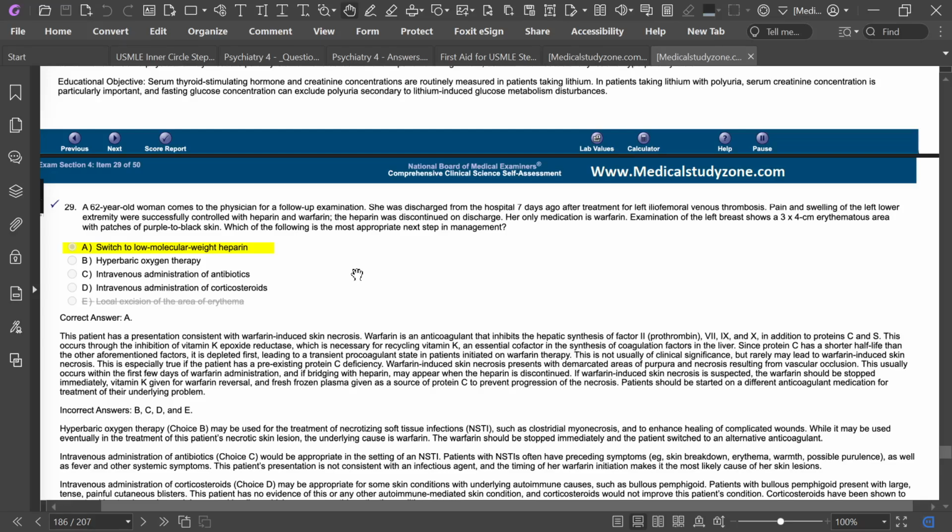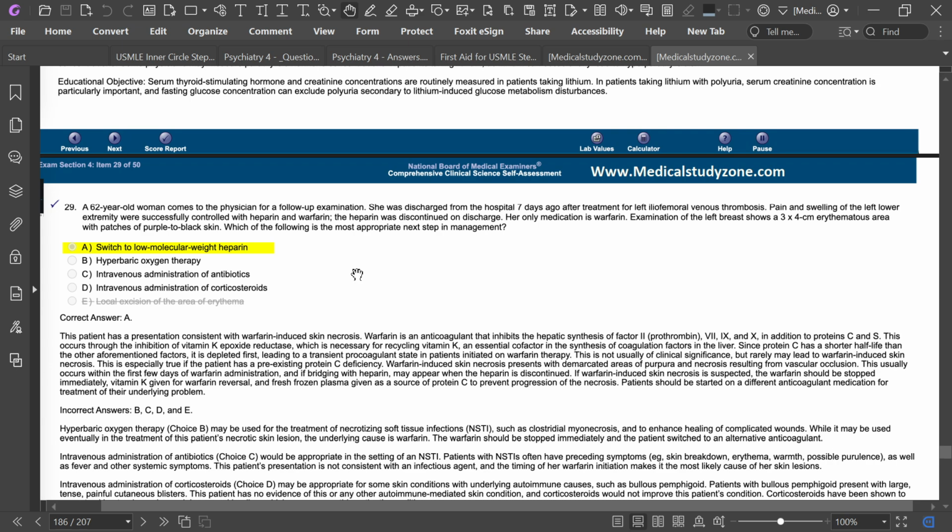Warfarin is an anticoagulant that inhibits the hepatic synthesis of factors 2, 7, 9, 10, in addition to protein C and S. This occurs through the inhibition of vitamin K epoxide reductase, which is necessary for recycling vitamin K, an essential cofactor in the synthesis of coagulation factors in the liver.